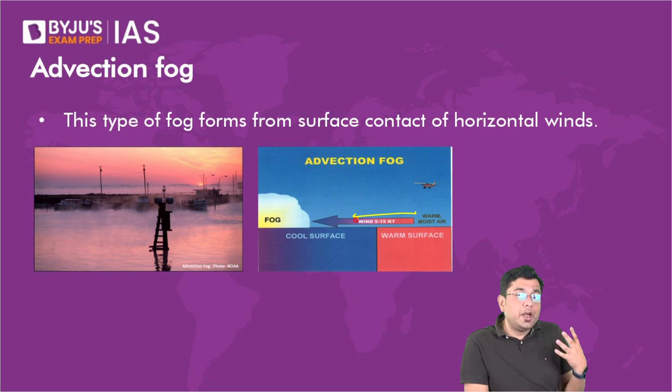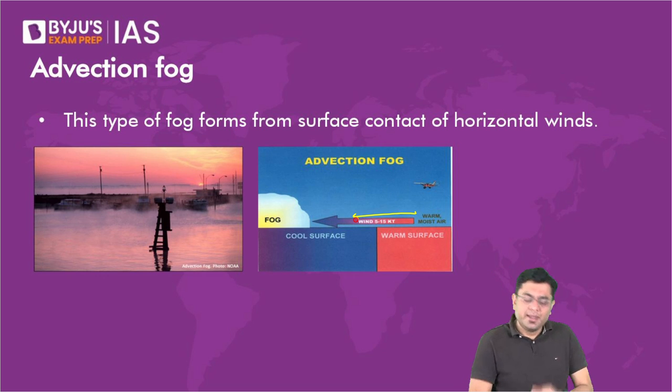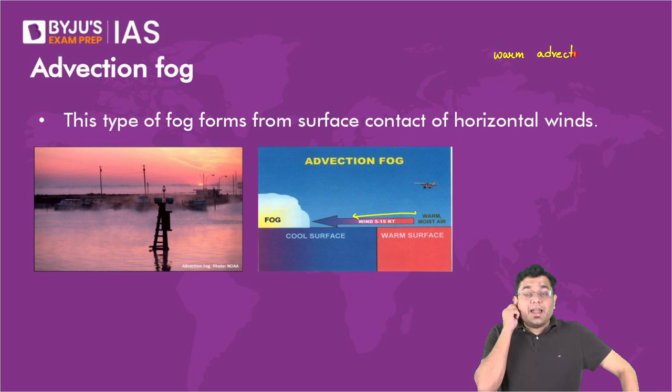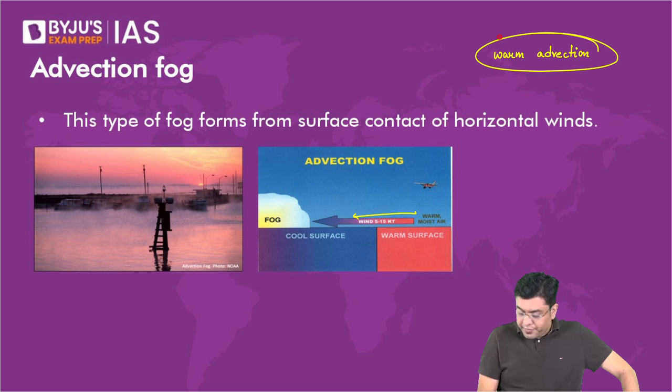But this cooling has happened because of advection. Had this advection not been happening, this cooling would not have happened at all. Due to that, you have the cooling of the wind, and due to that, the formation of fog. As simple as that, generally observed in the case of warm advection.